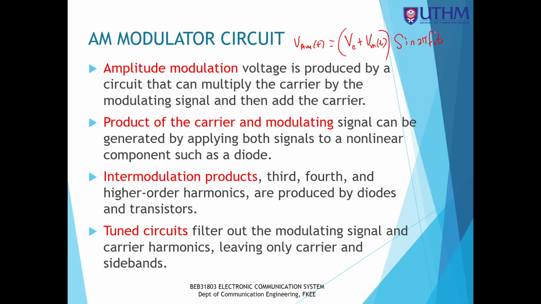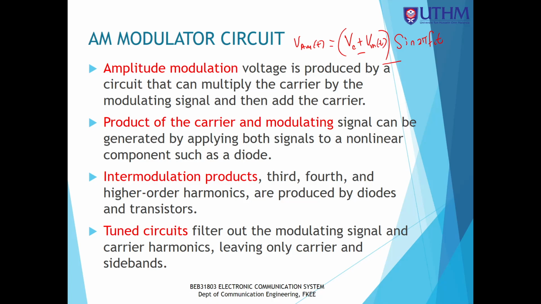So it consists of an addition process and a multiplication process. The product of the carrier and the modulating signal can be generated by applying both signals to non-linear components such as diodes.